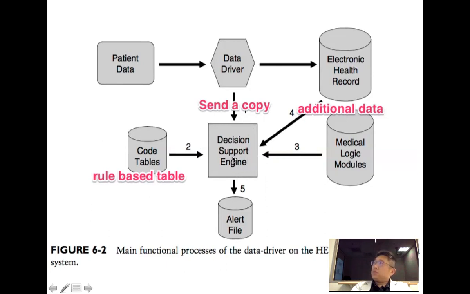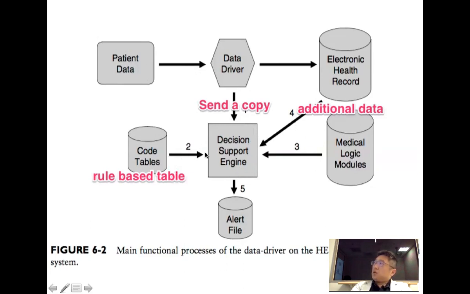So the decision support engine calls back to the electronic health record to retrieve the necessary data, then makes the final decision. Sorry, I forgot: they check the code table, then execute the appropriate logic module. So basically, when the data is created, you need a code table to check which kind of MLM should be executed for examination.